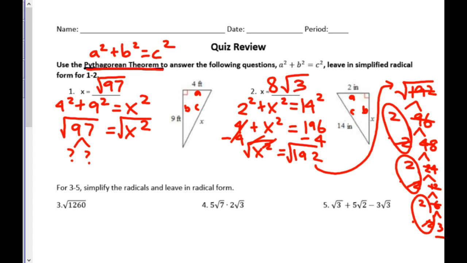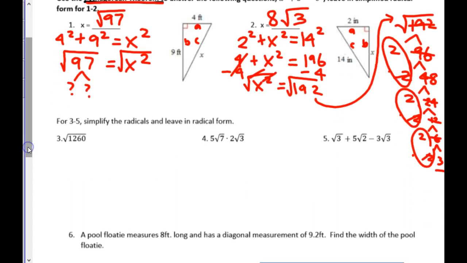Cool. Okay, same idea here. It's even. 2 times 630. Okay, that's even. 2 times 315. Not even, so 3 times 105.